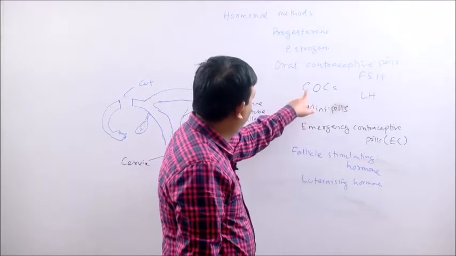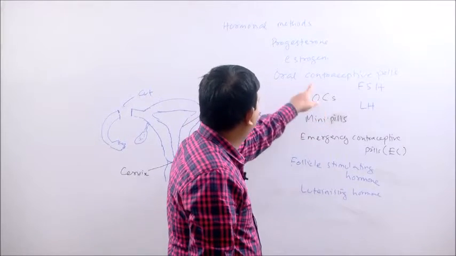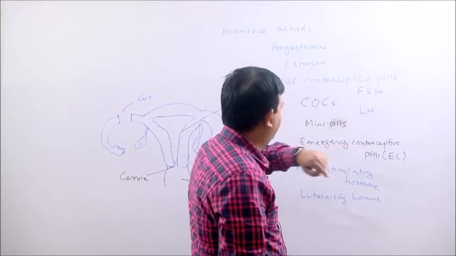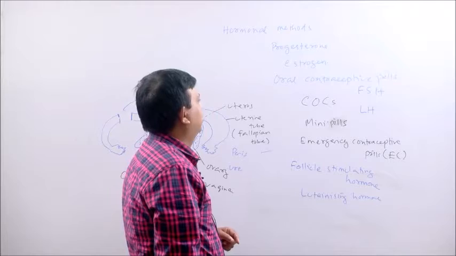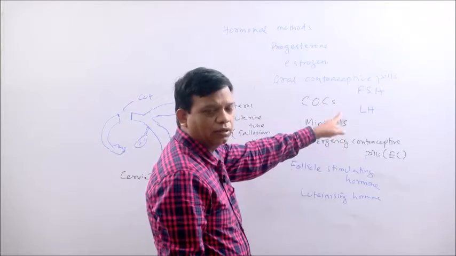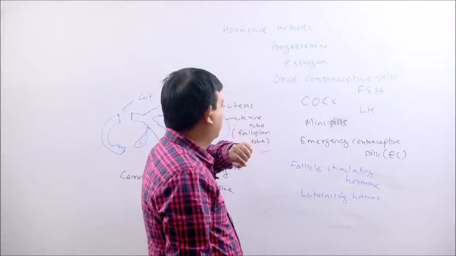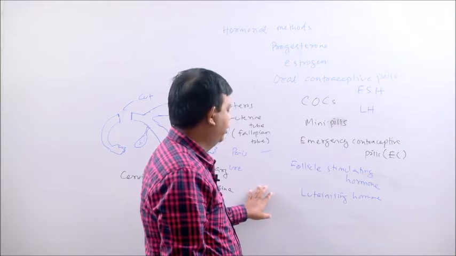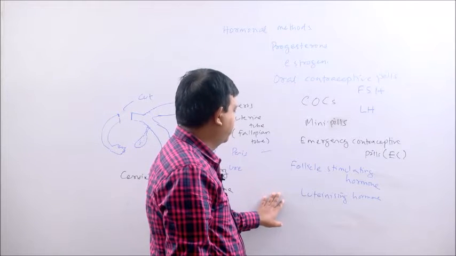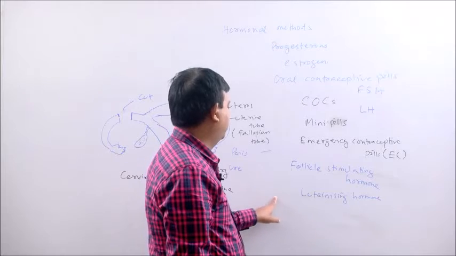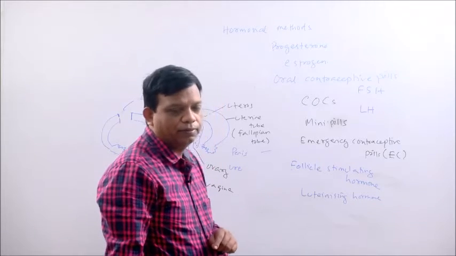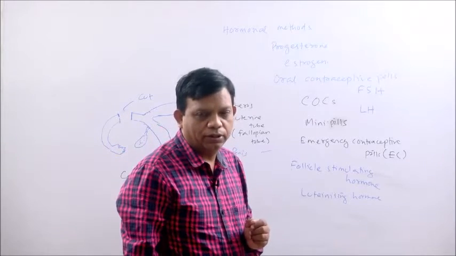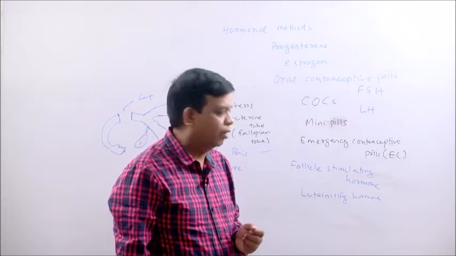So the combined oral contraceptives contain progesterone and estrogen. They inhibit FSH and LH. When the action of these two hormones is inhibited, the development of ovarian follicles in the ovary will not occur. Also, there will be no mid-cycle surge of luteinizing hormone, so there will be no ovulation. There will be no release of egg from the ovary.